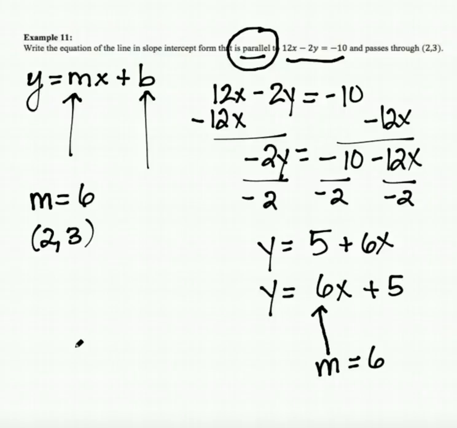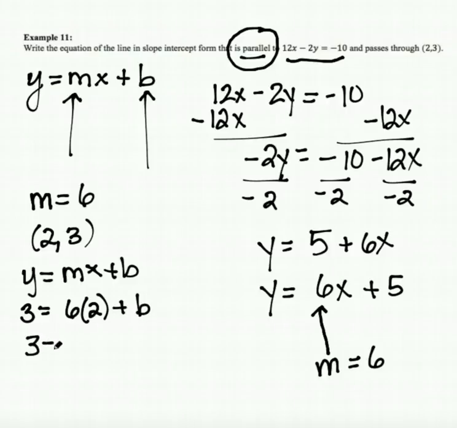So we go back to what we did at the beginning of this unit, and we're writing the equation in slope-intercept form, y equals mx plus b. So step 1, remember, was to find the slope, which we now have. Step 2 tells us to plug our point in and our m and solve for b. So that's going to give me y, which is 3, equals 6 times the x, which is 2, plus b.